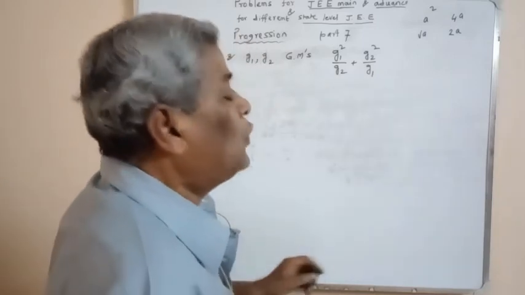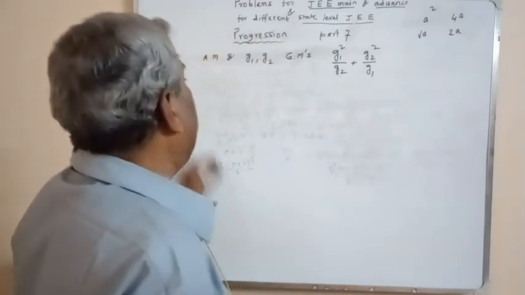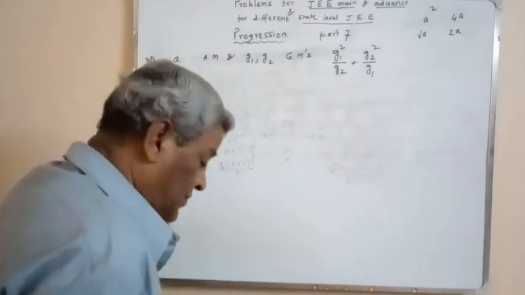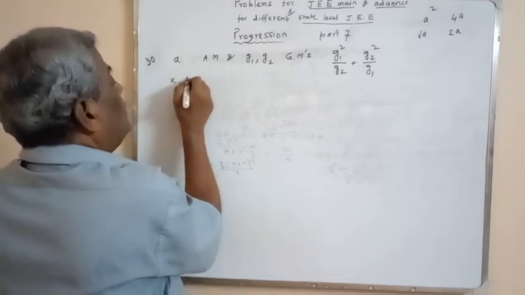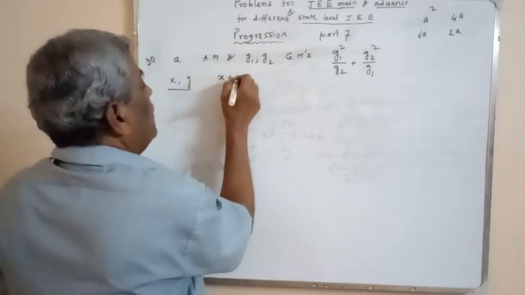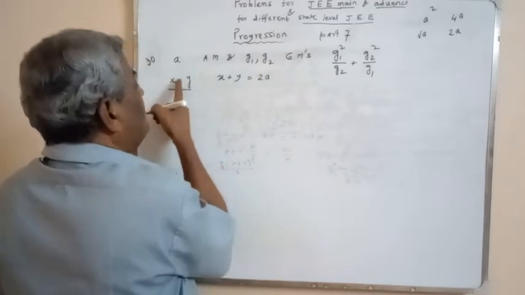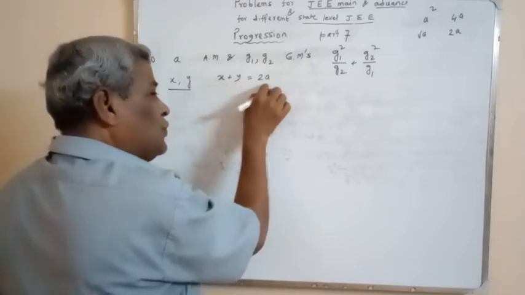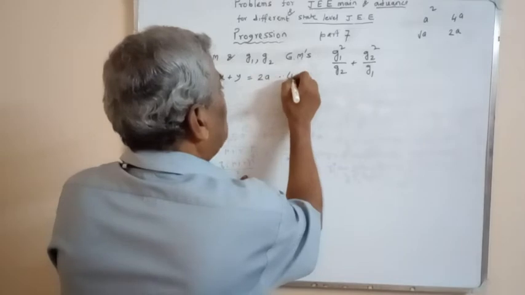Then we have to calculate this value in terms of A. Now suppose X and Y are the two numbers. So we must have X plus Y is equal to 2A, because A is one arithmetic mean between X and Y. So X plus Y by 2 is equal to A. That is number one.